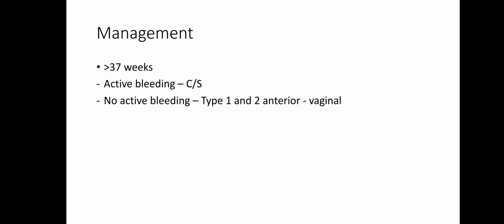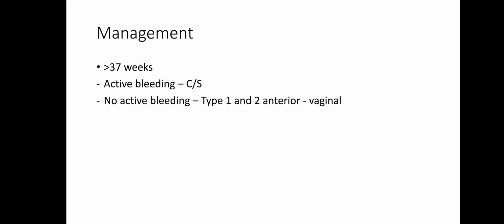Now we look at management. Management is simple, divided into after 37 weeks and below 37 weeks. If it's after 37 weeks, you look at whether there is active bleeding; you just take the patient for emergency C-section and deliver the baby.